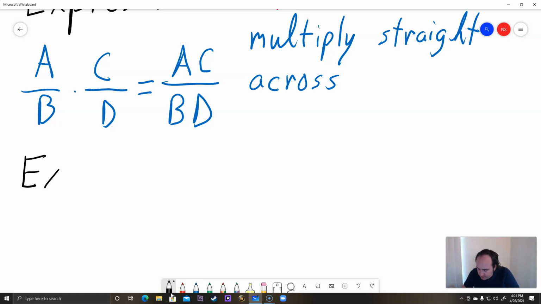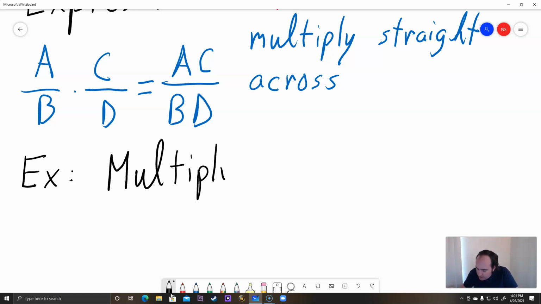Okay, so let's do an example. Multiply. They just say multiply, but even if they just say multiply, you also need to simplify.